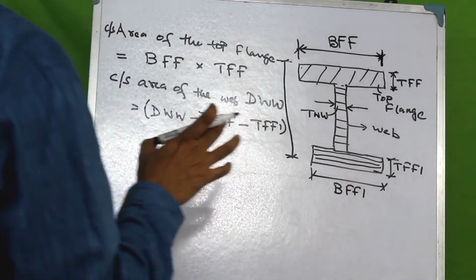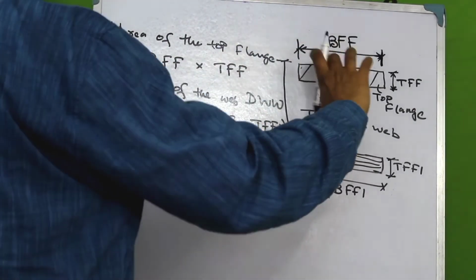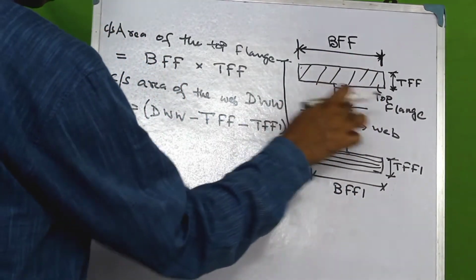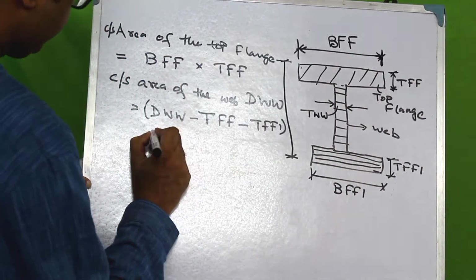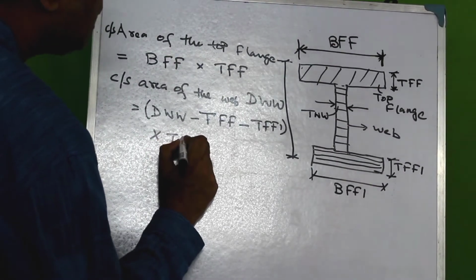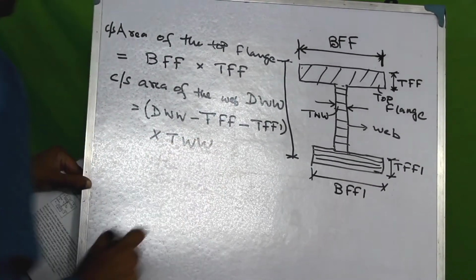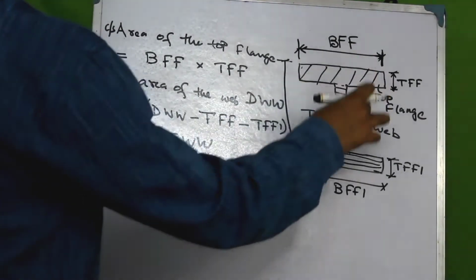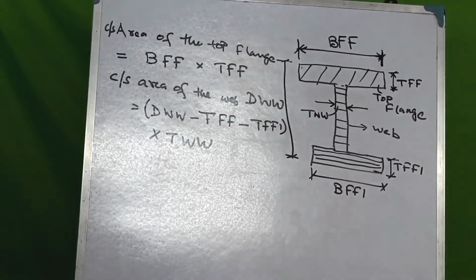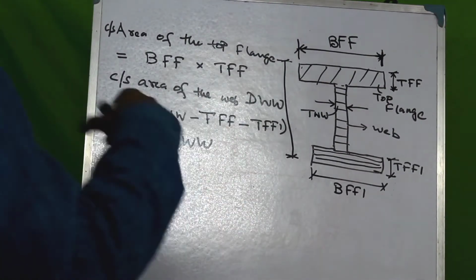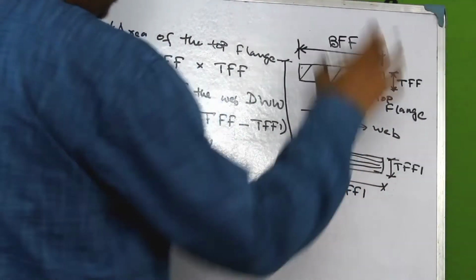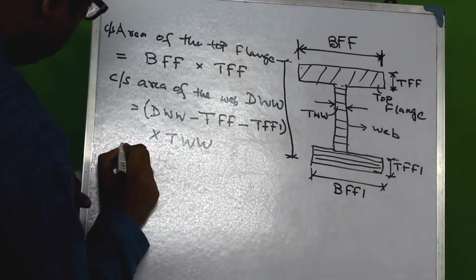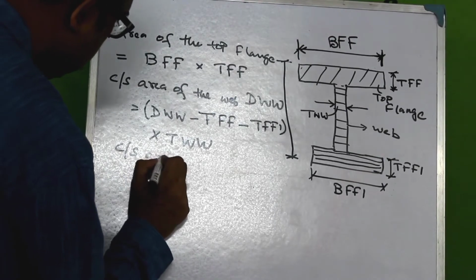This would be the depth of this section, and the width of this section would be the thickness of the web, which would be TWW, right? So this multiplied by this would give the cross-sectional area of this web. And finally, we have one more component of this particular section, which is the bottom flange. So let us find the cross-sectional area of the bottom flange.